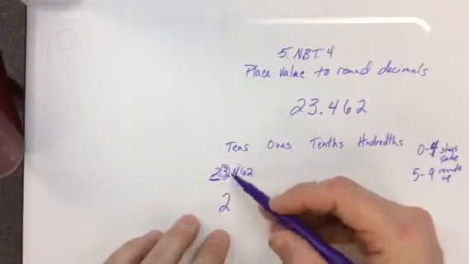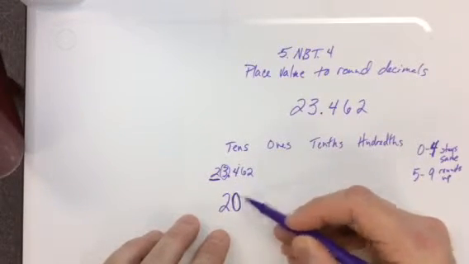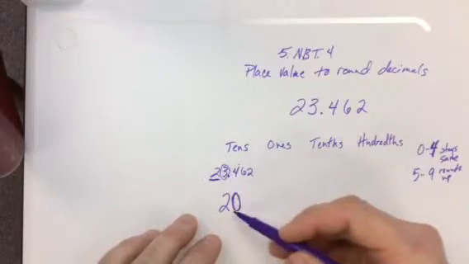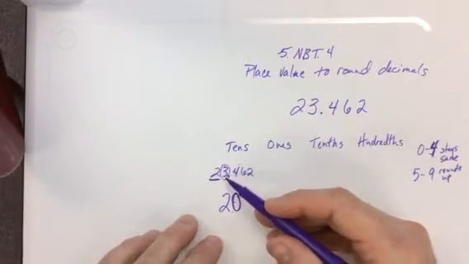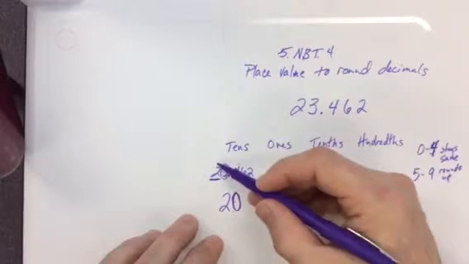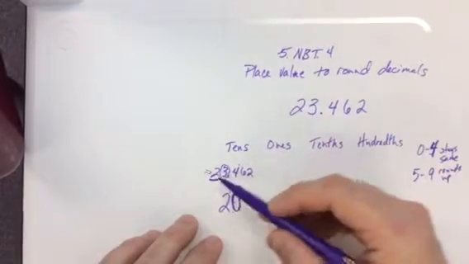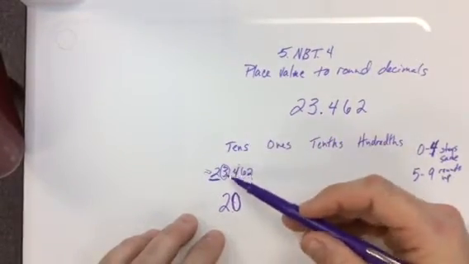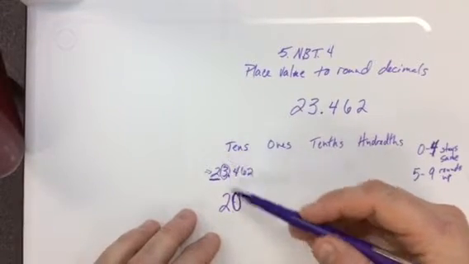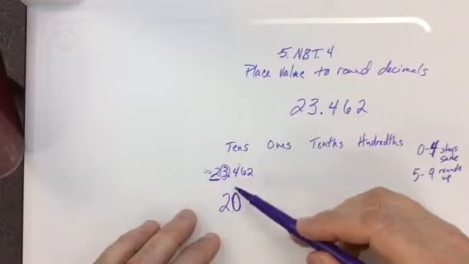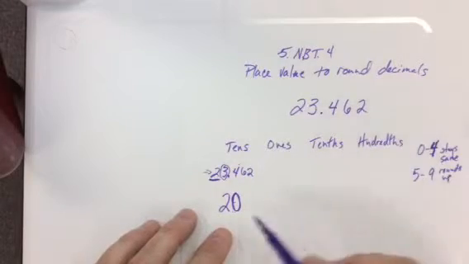So this is going to be a 0. And it makes sense because 23 is closer to 20 than it is to 30. So because 23 is closer to 20 than to 30, this number would be rounded to the nearest 10 as 20.